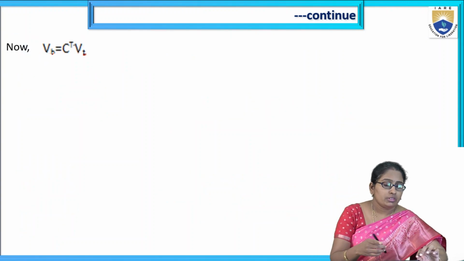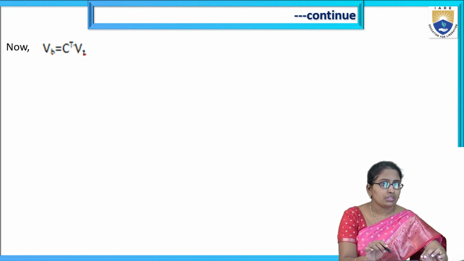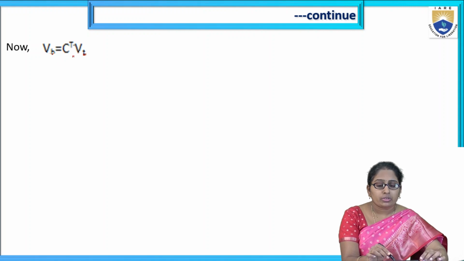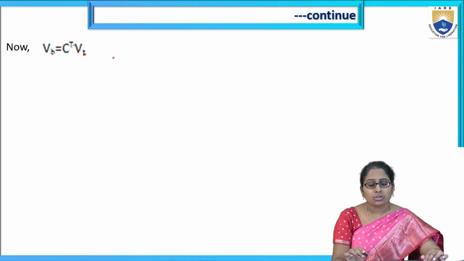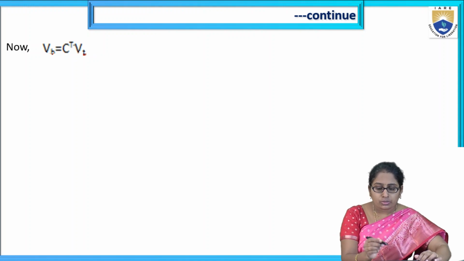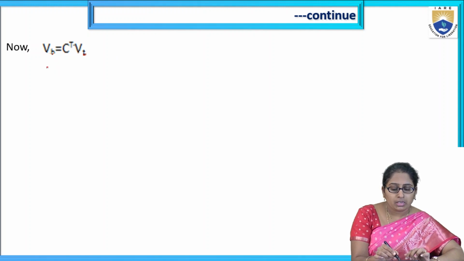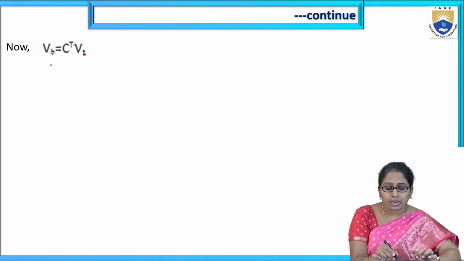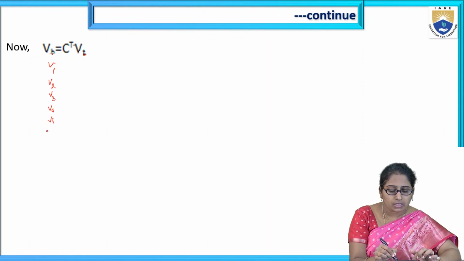So you need to know this equation: branch voltages VB is equal to transpose of C multiplied with tree branch voltages. Now what is VB? VB is nothing but the branch voltages V1, V2, V3, V4, V5, V6.